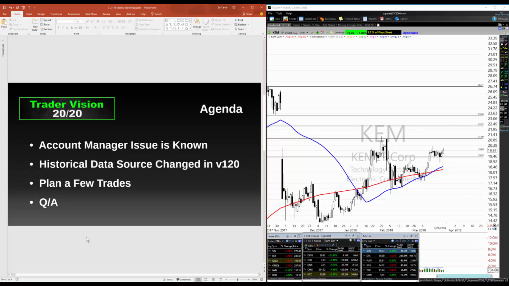For those of you who don't know, we have an issue in the account manager. We found this a couple days ago. There are a couple of issues, but all of it relates to the fact that you can't change the beginning balance after an account has been created, and you cannot add a new transaction, for example a cash deposit or cash withdrawal, to an account at the moment.